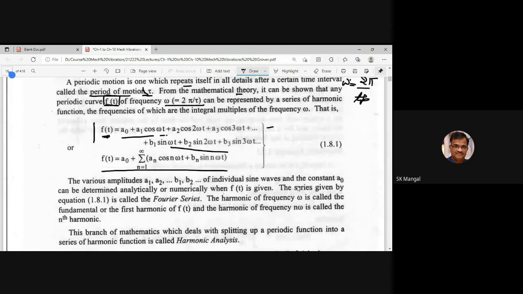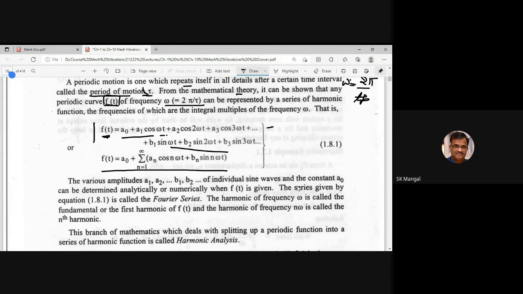Here all the a coefficients represent the amplitude of the cosine series, and the b coefficients represent the amplitude of the sine series, and a naught is basically a constant term.